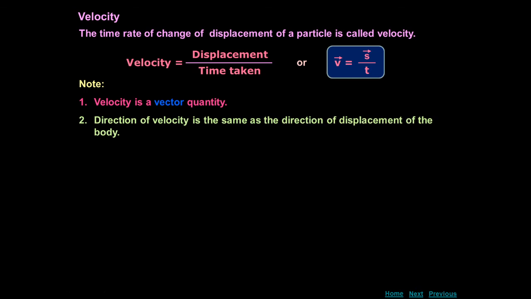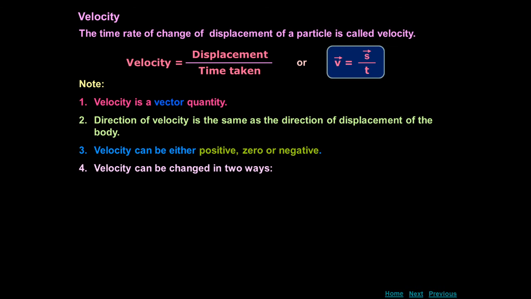So velocity is a vector quantity. The direction of velocity is the same as the direction of displacement of the body. So at any point we should see, just at neighboring points, in which direction we can draw the displacement line. That will be the direction of velocity. As displacement can be positive, negative or zero, velocity can be positive, zero or negative.